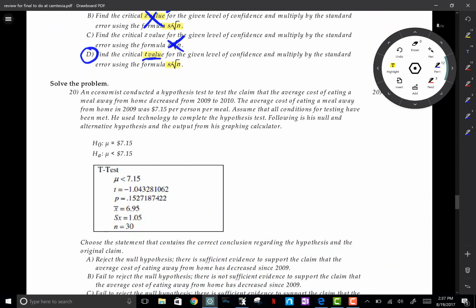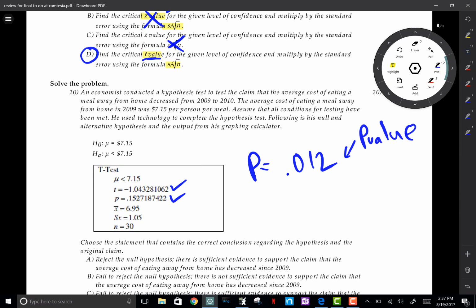Alright, so let's go to 20. In 20, I'm actually going to give you the results. For this one, all we care about is your test statistic and your p-value. Whenever I say p is equal to a number, this is telling you my p-value. It's asking, based on the p-value, what conclusion can be made?